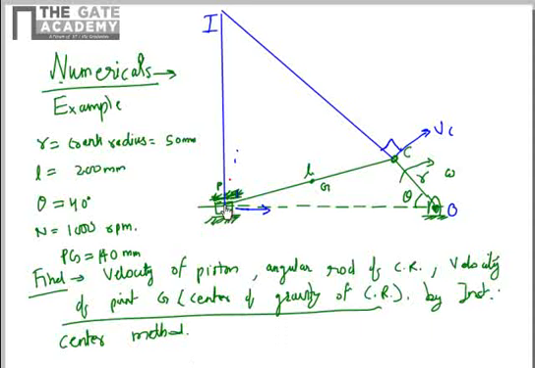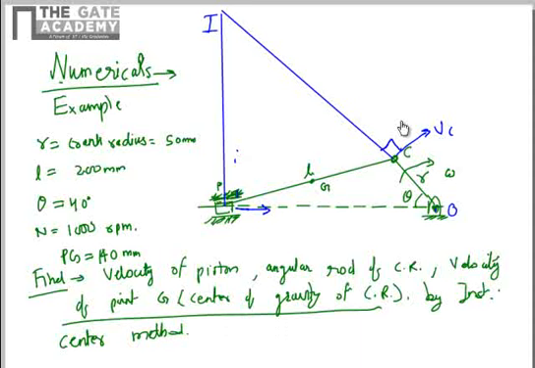This diagram you have to draw to scale. So you need a compass, a protractor and a scale for this, and since theta is equal to 40 degrees, you can draw a horizontal line, draw a line at 40 degrees to that, cut it at C. You know the crank radius is 50 mm. You have to choose a scale for the diagram. Let's say you choose a scale of 10.